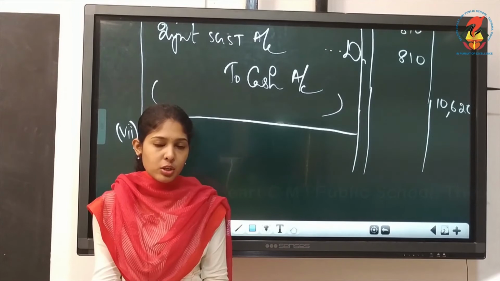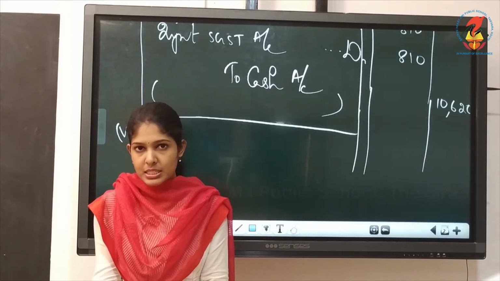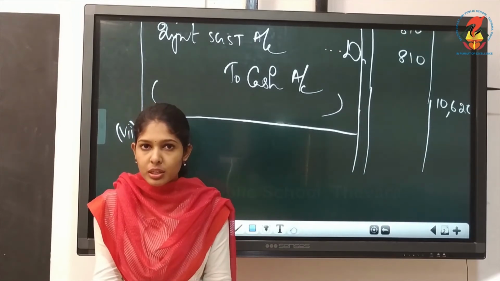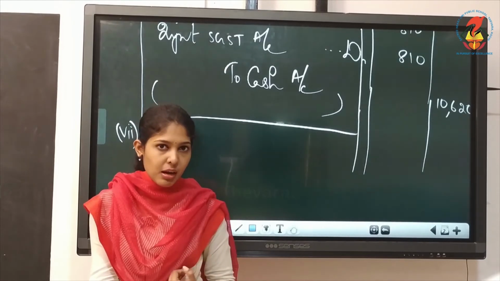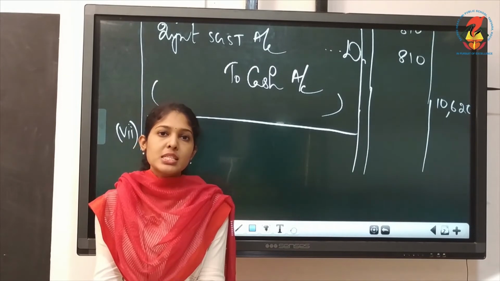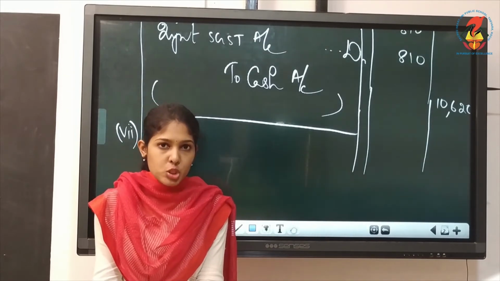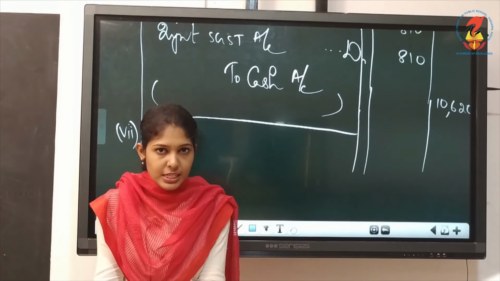And as I told you before, we have to include GST. Which GST will you include? Since we are collecting something, we are getting some income, it is the output GST you have to collect. So output GST we have to credit it.